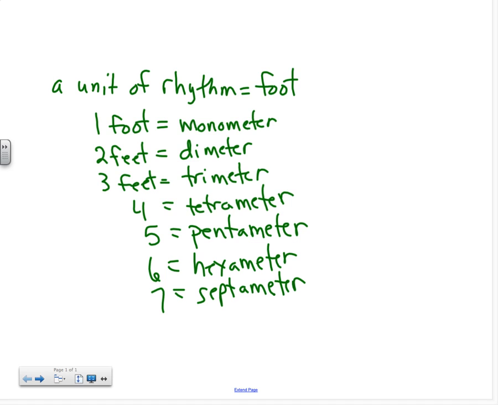And eight feet is called octameter. You probably aren't going to have a line longer than that. Now, this will all make sense shortly. Everybody have that? No? Okay, I'll let you get that written down.